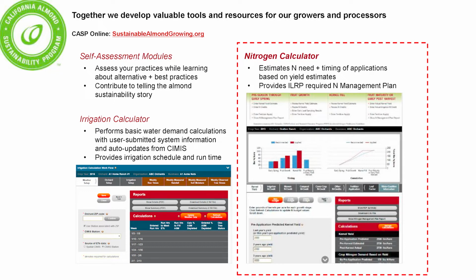This is a step-by-step calculator that will help you define how much and when to apply, and generate the reports that you will need in this area. It's a user-friendly calculator. I invite you to use it to check where you're at, and it's going to help you follow best management practices.